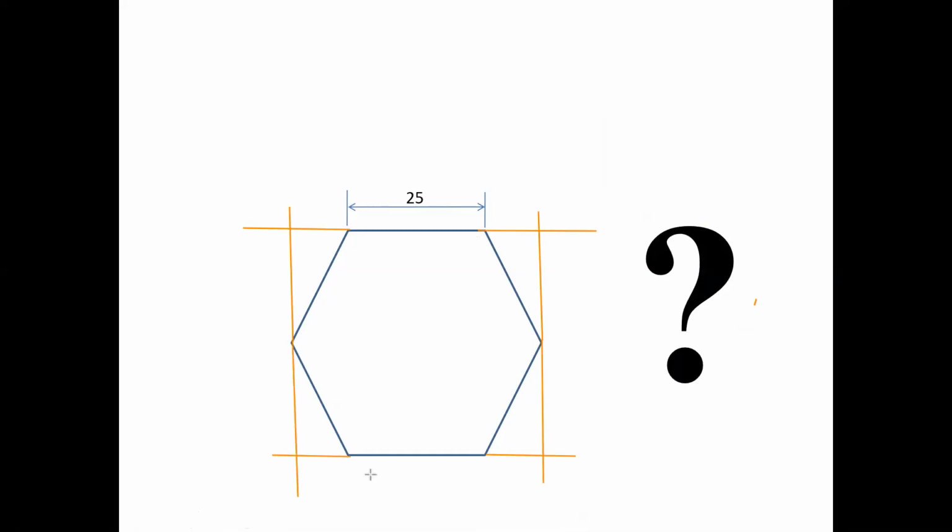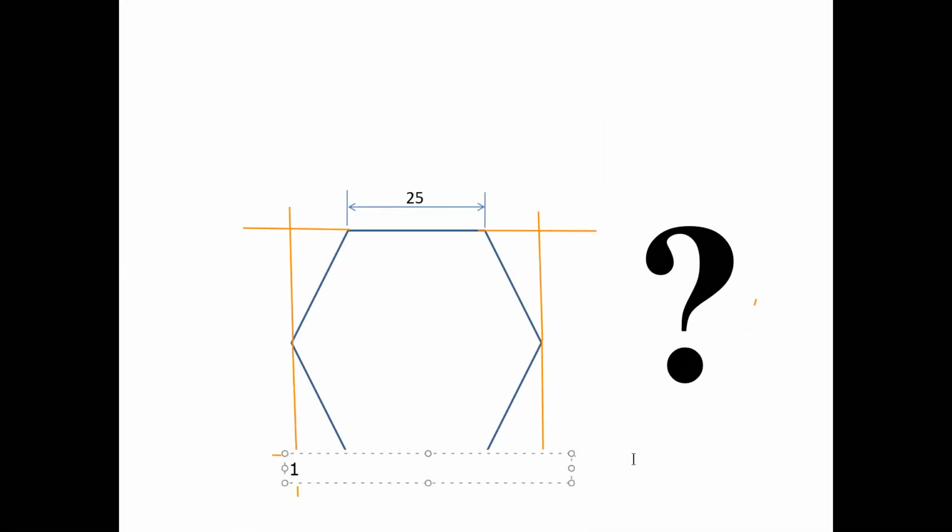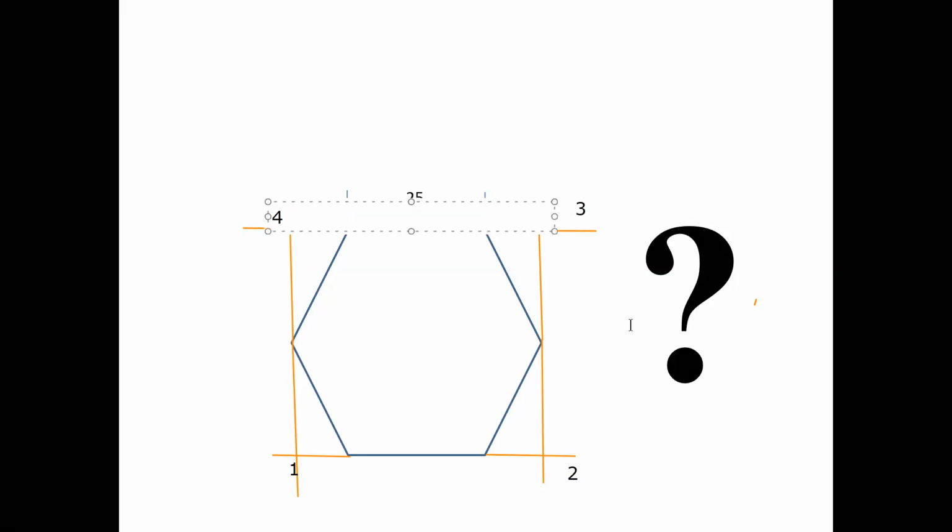Okay. Now, next what you do? You need to name it. So this one I named as 1, and here I named it as 2, and here I named it as 3, and here I'm going to name it as 4. 1, 2, 3, 4.